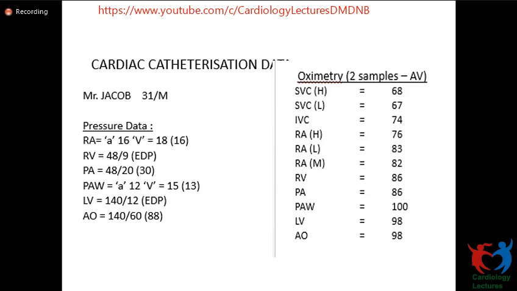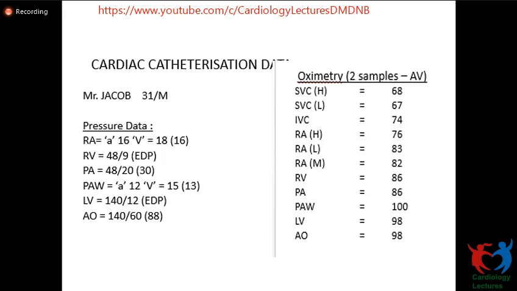Some people even say that if there is a big difference between RA high, low, and middle, you can look for the oxygen saturation in the RV or even in the pulmonary artery, because that is the area where you can get real good mixing of the blood, provided you are sure that there is no left to right shunt at the RV level or at the pulmonary artery.